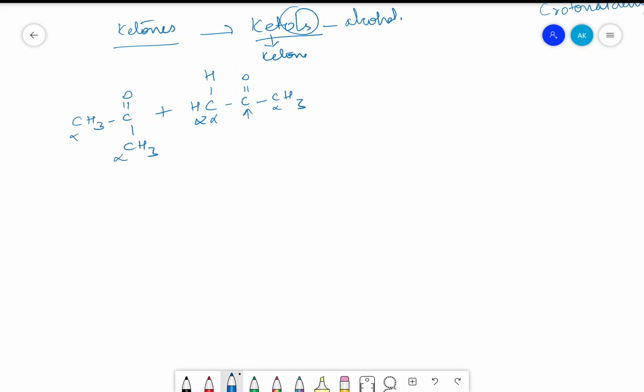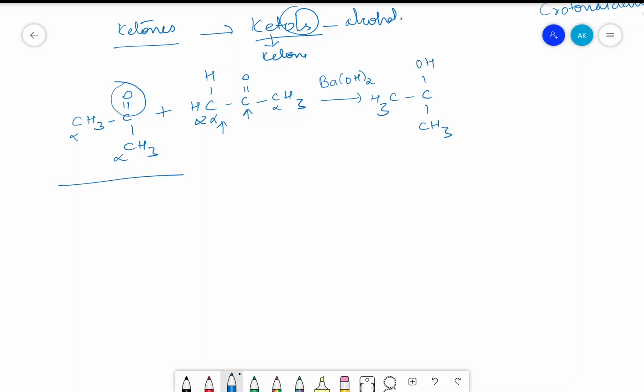I am going to use this particular carbon here, which we have specified as CH2H. So it is going to give us a product in the presence of a base. I am using barium hydroxide to give CH3, and instead of double bond O, it will be OH, with the rest as CH3.